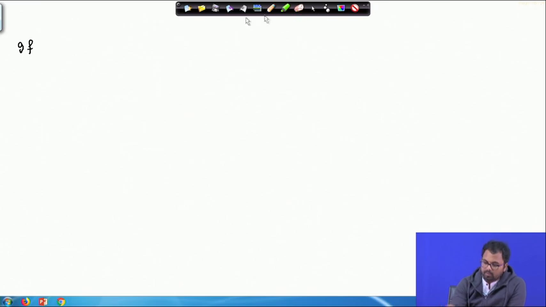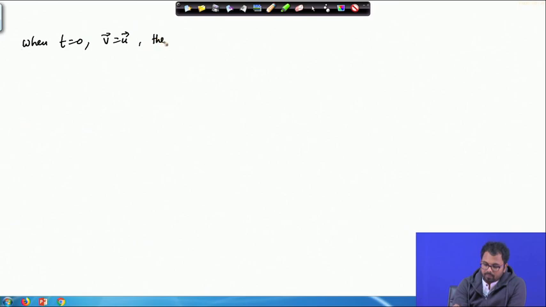When t equals 0, the velocity v is the same as the initial velocity. So, I can write v equals u, where u is my initial velocity.